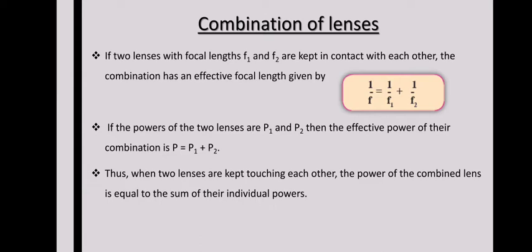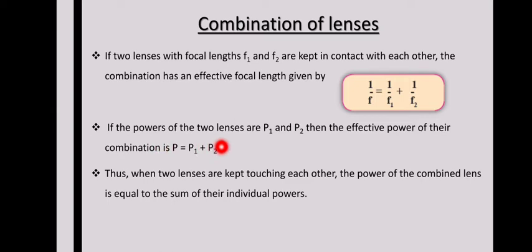How can you find out the effective focal length? 1 upon f is equal to 1 upon f1 plus 1 upon f2, correct? Because we are going to find out the power. And how is power given? Power of a lens is the inverse of its focal length, right? So you have to find it like this, okay?